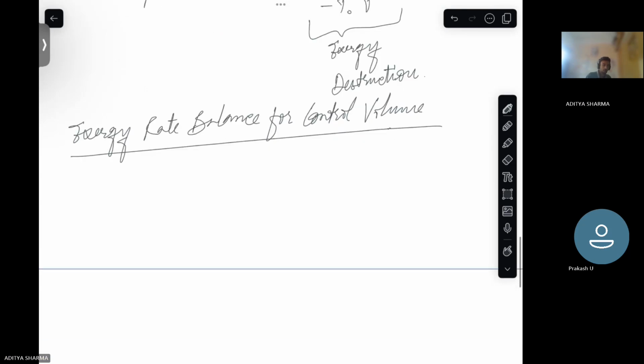So I'll just write down. Please remember we have done the entropy balance also in the previous session. So this is somewhat similar to that topic, but here we are dealing with exergy. There we were dealing with entropy.